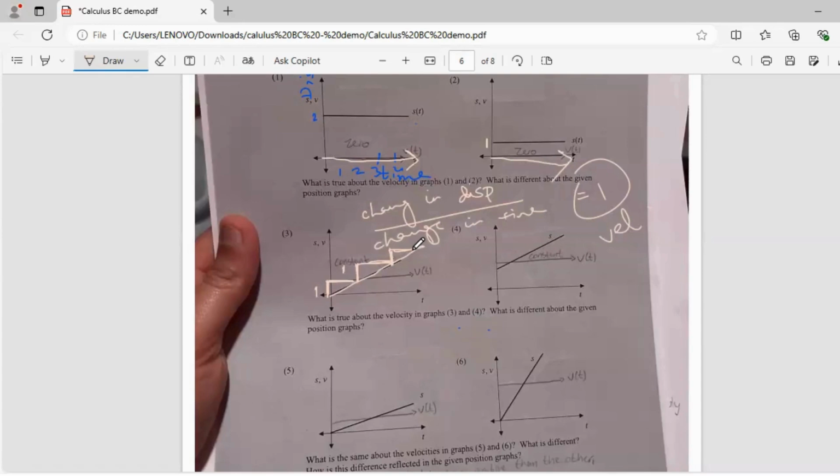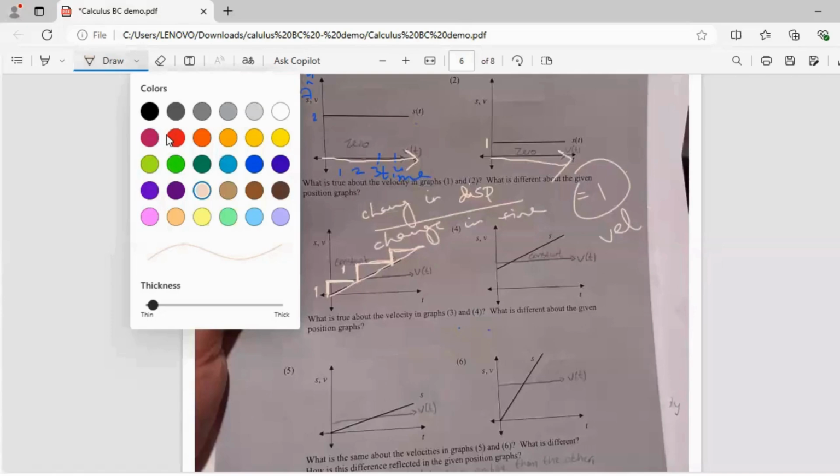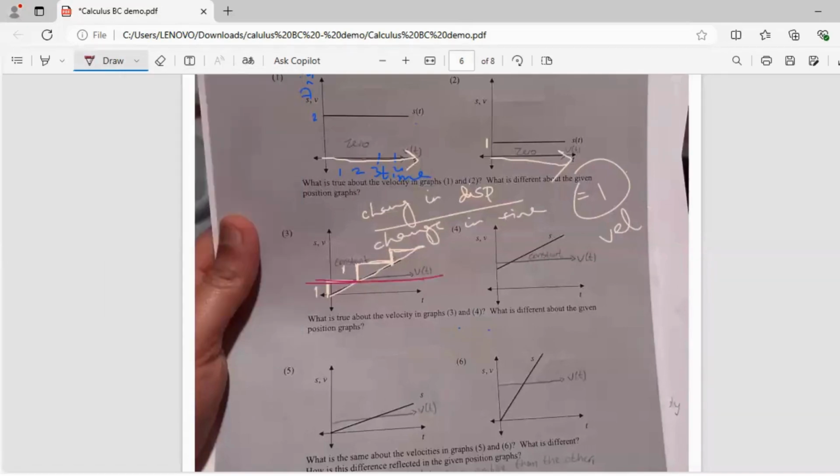In this case, if I'm taking my slope as 1, then the line is going to be y equal to 1. Here also, whatever the slope of this line is, I will have a horizontal line right across at that point. If the slope is 2, then I will have a horizontal line at y equal to 2. That is going to be my velocity.